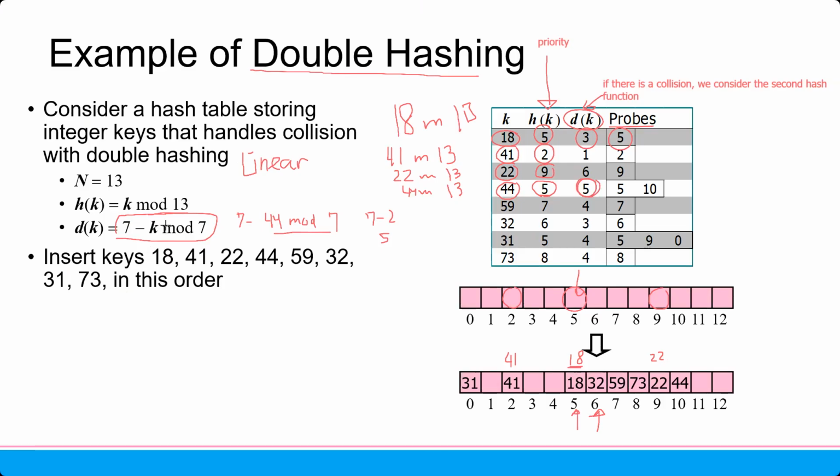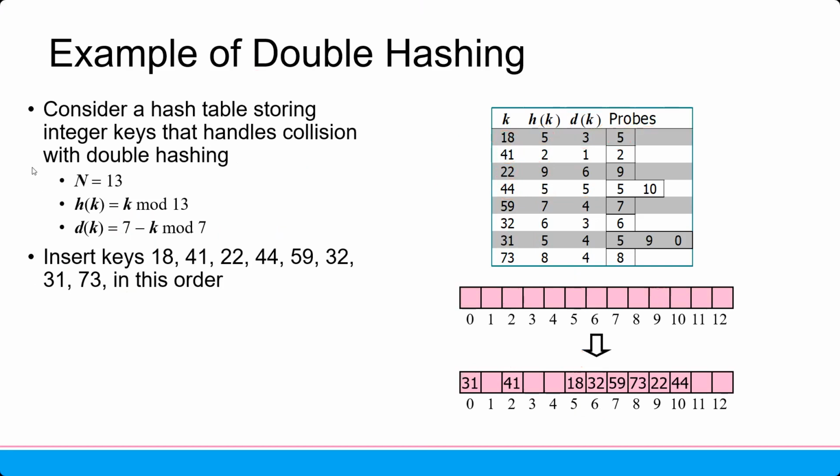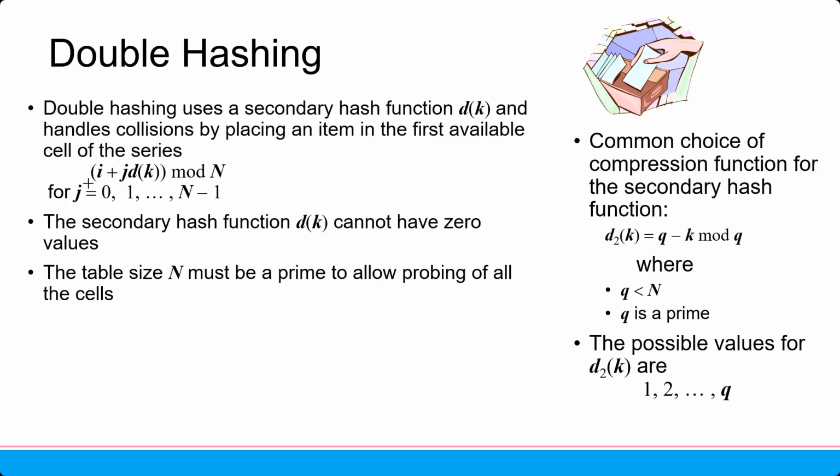So we use J. If you still remember, J is the factor from 0, 1, and so on until n minus 1. So it is I plus J times the decay.